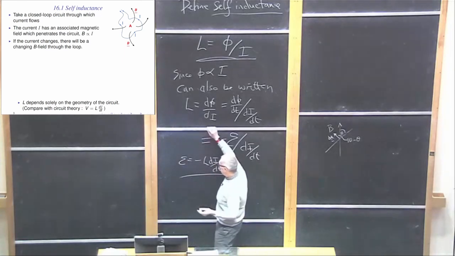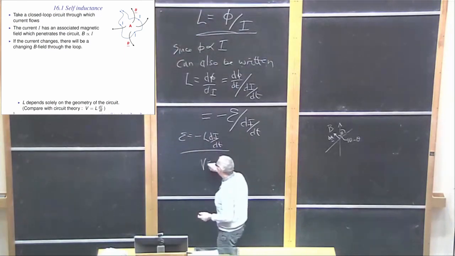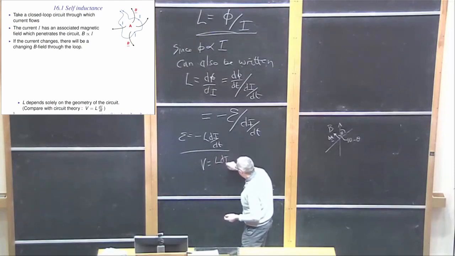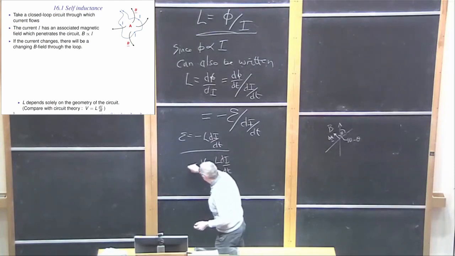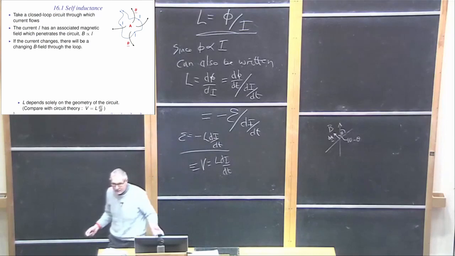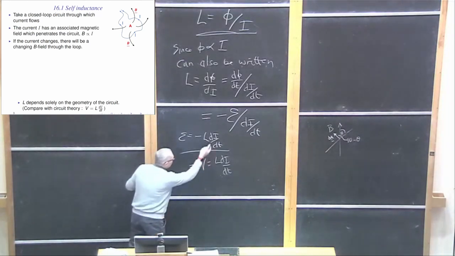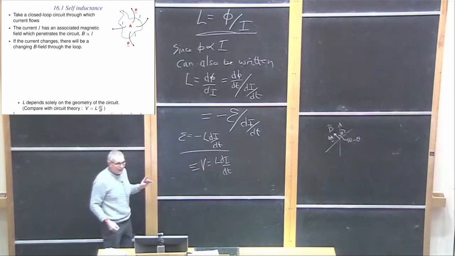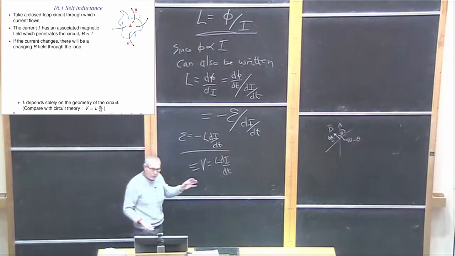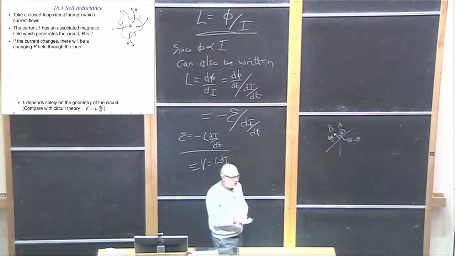It's like in circuit theory, V is L dI by dt. It's equivalent, but you've got this sign difference, and I hope I've explained that sign.